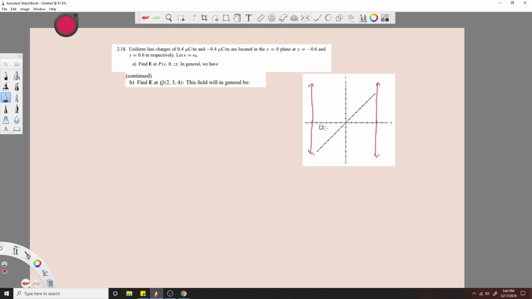These are each 0.6 meters. It's meters. I was trying to figure out units, not that it really matters. They're both 0.6 meters away, so one's obviously at negative 0.6 and one's at positive 0.6. We're trying to find the electric field E at some point P.